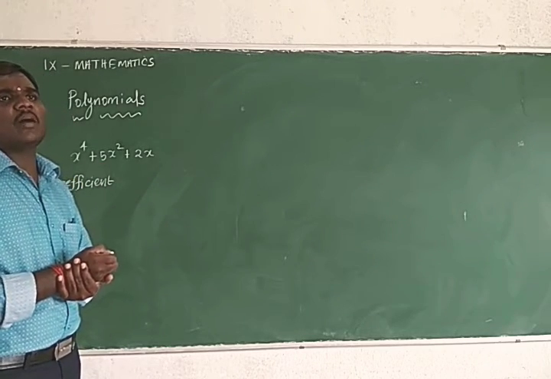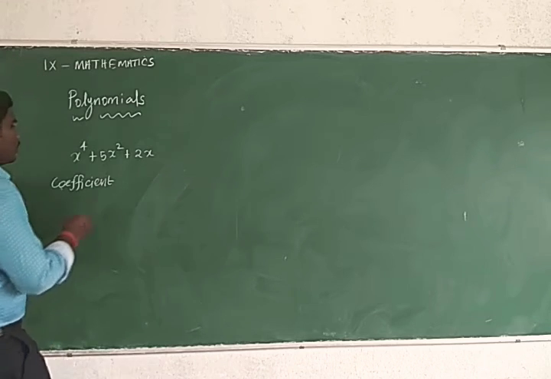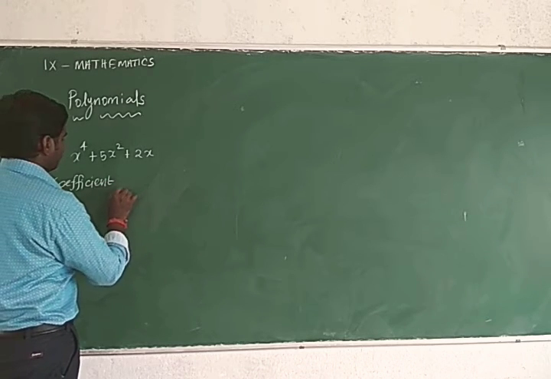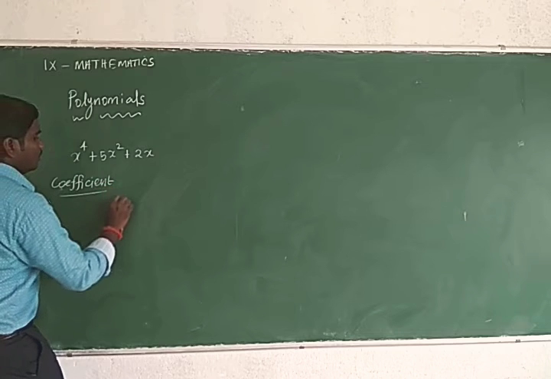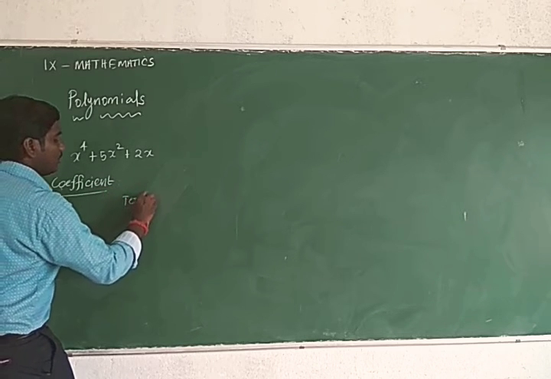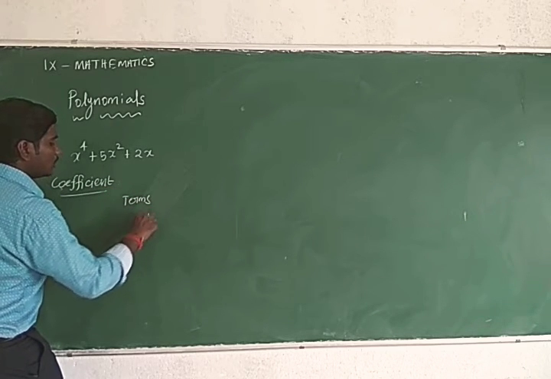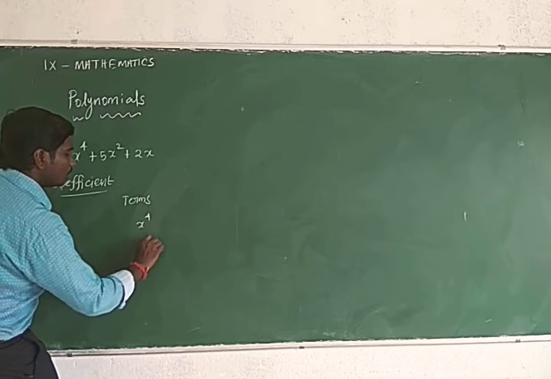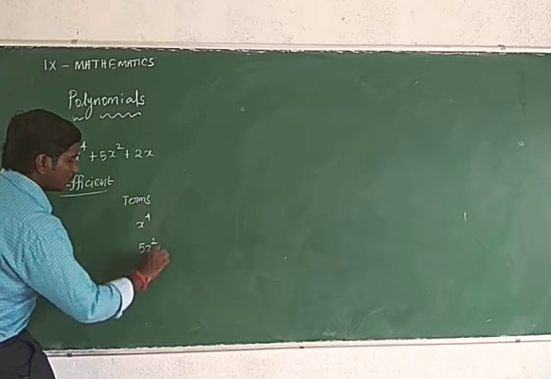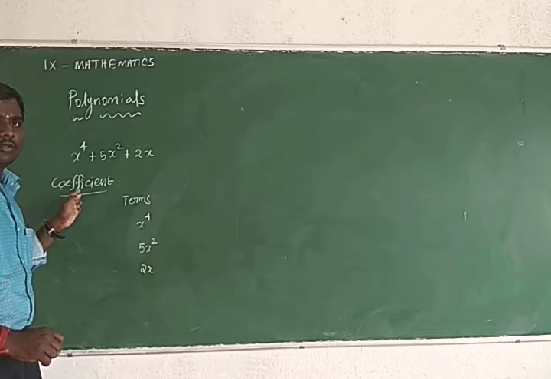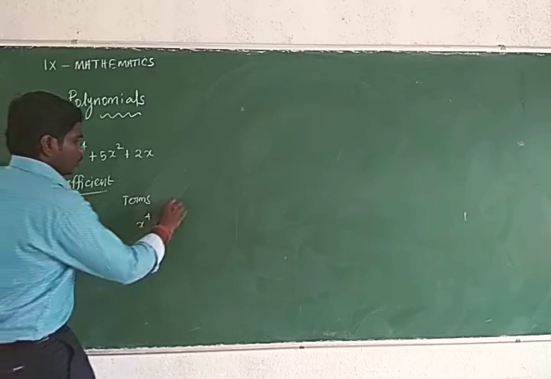First you write its terms. What are the terms? x power 4 is one term, 5x square is one term, 2x is one term. It is a recall only, no need for a definition.